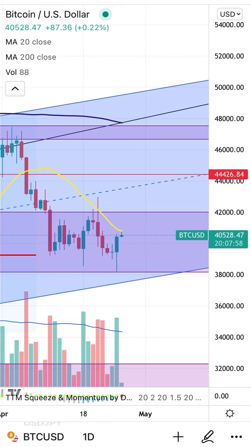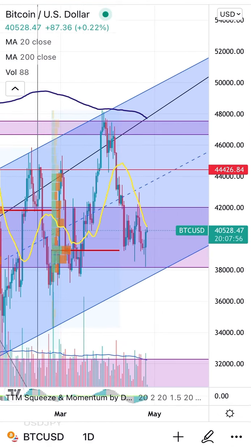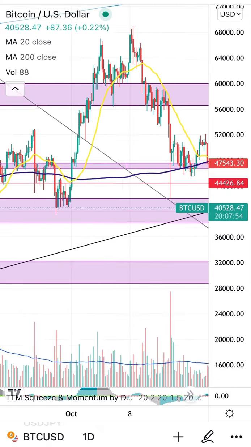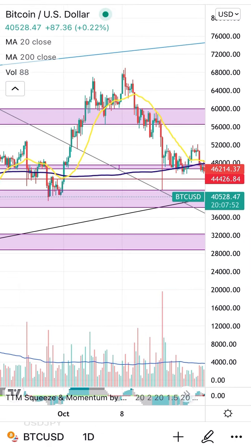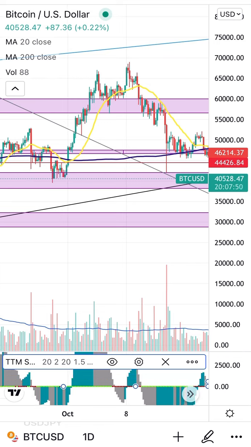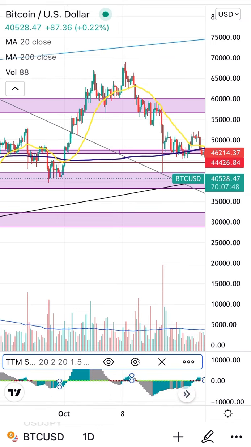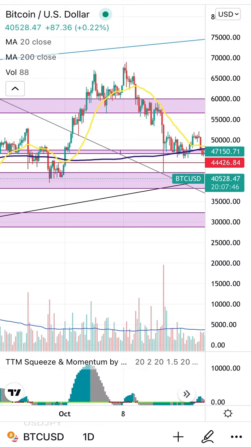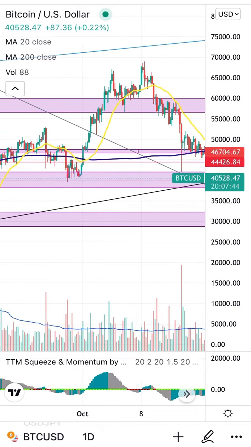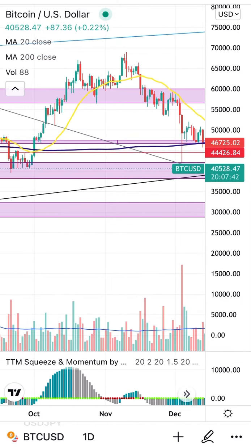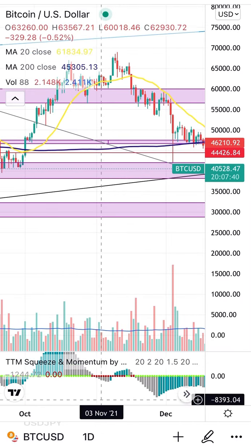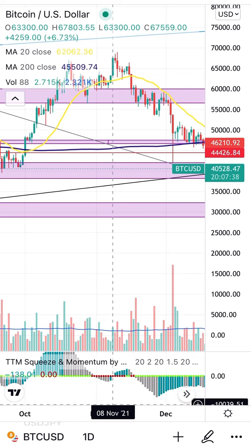Let's see. What was it that I wanted to look at for Bitcoin? Okay. Oh, yeah. So I think this is a fail, right? So here's the squeeze down here. You see the red dots, right?